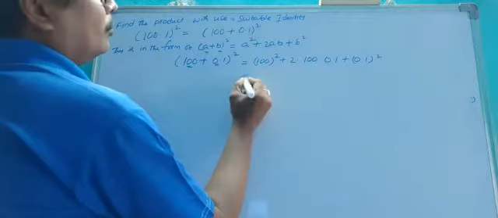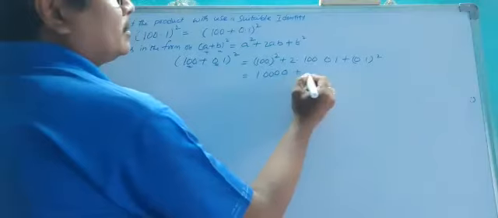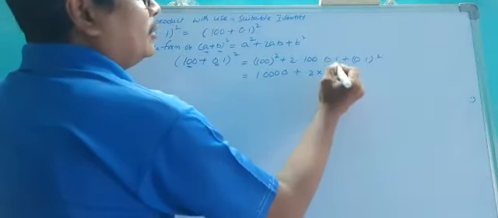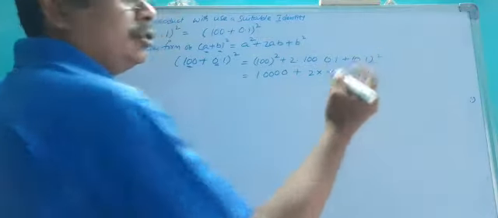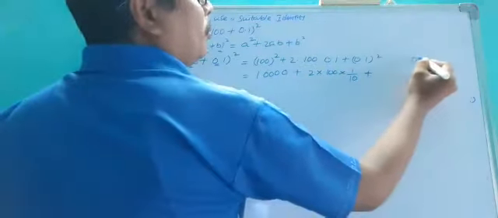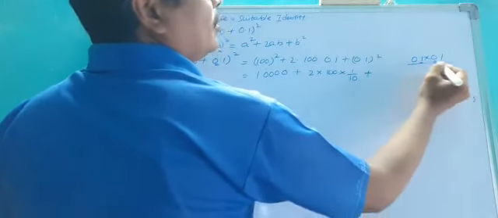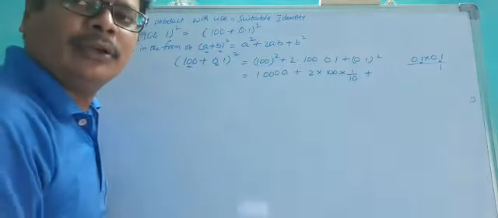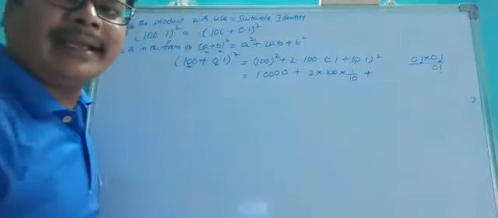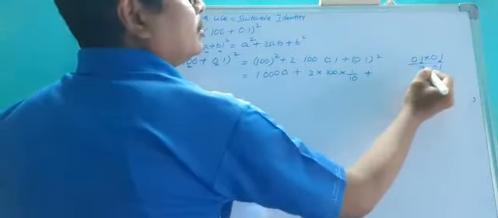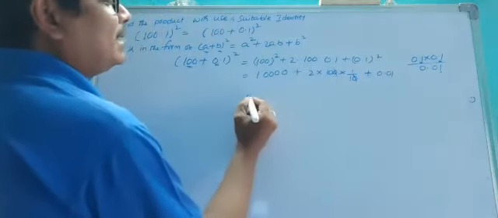Now you write 4 zeros, and 1 square means 1. Then 2 into 100 into 0.1 can be expressed as 1 by 10, 1 by 10 cancel, and 2 tens are 20. Plus 0.1 whole square means 0.1 into 0.1: 1 ones are 1, and with one digit after the point in each, you need two digits after the point, so 0.01.